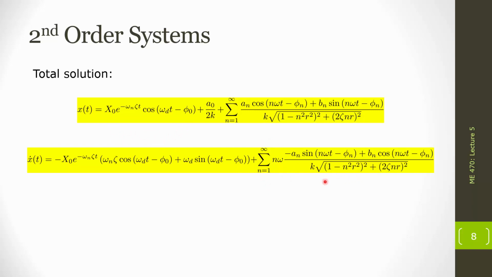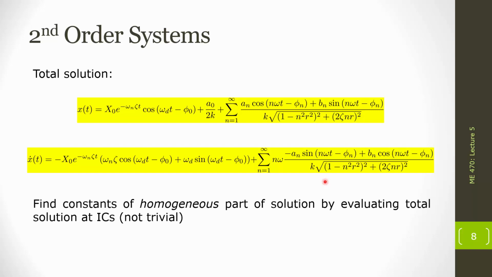And depending on how many terms we use of our particular solution is going to influence what x naught and phi naught are. So since we have our definition of x of t and x dot of t, we can use those two algebraic equations, our initial position, our initial velocity, and solve for two unknowns, the x naught and the phi naught.